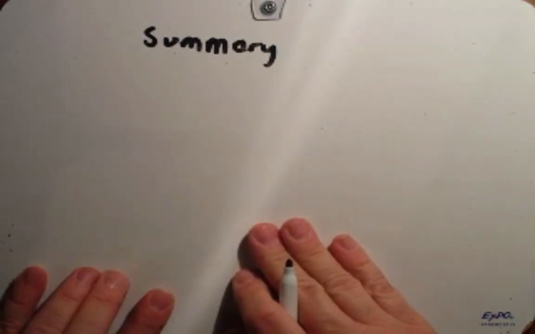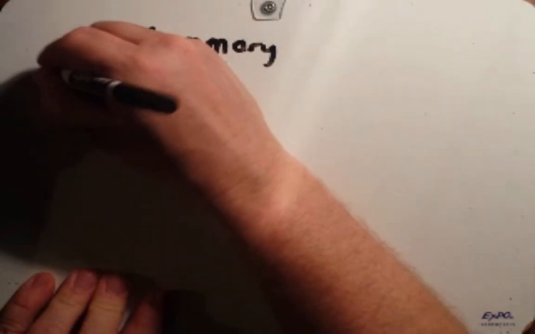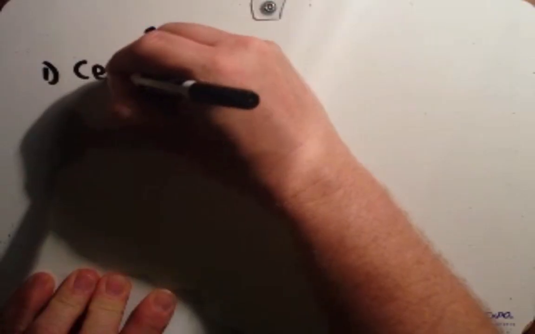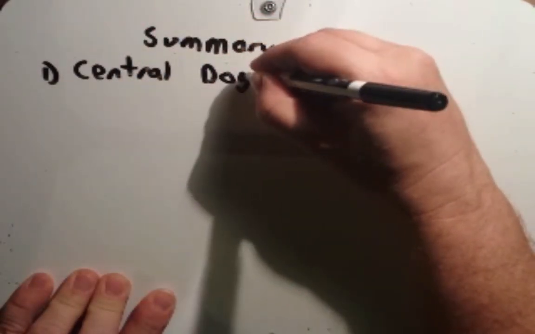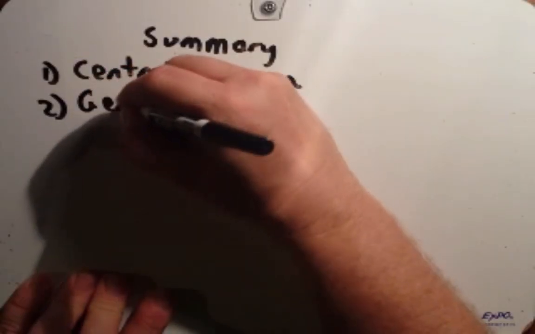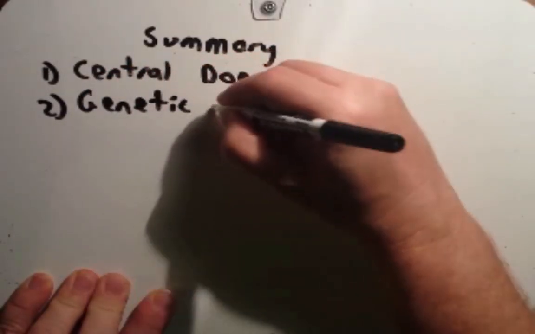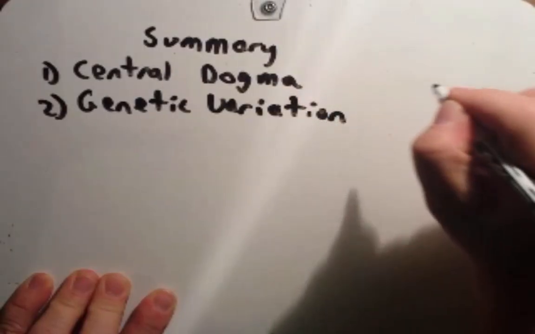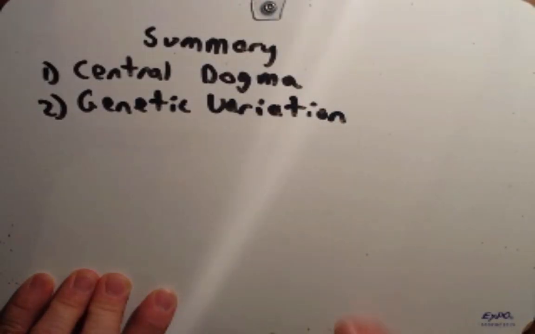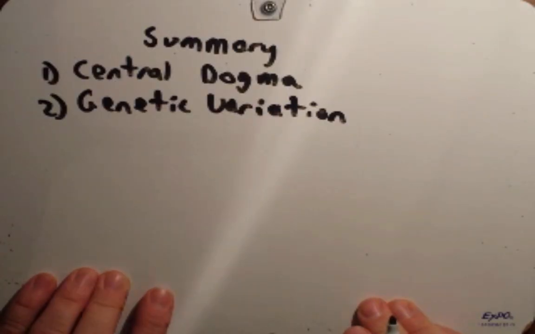So that ends this podcast. And just as a quick summary here, what you should have gotten from this podcast is what the central dogma was and how to explain it. You should understand genetic variation and how that genetic variation is important in having a large diversity of characteristics within a population.